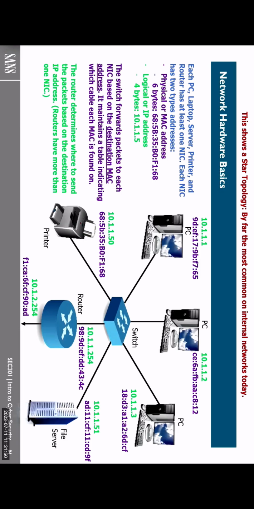So the first 3 bytes describe the manufacturer of the NIC, and the second 3 bytes, each of those manufacturers use to make every NIC that they make unique. So in theory, every single MAC address in the world should be unique because the manufacturers are using their OUI, organizational unique identifier. And as long as they make all of their devices have unique addresses for the last 3 bytes, every address in the world should be unique.